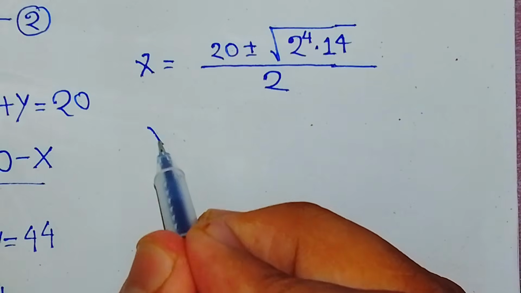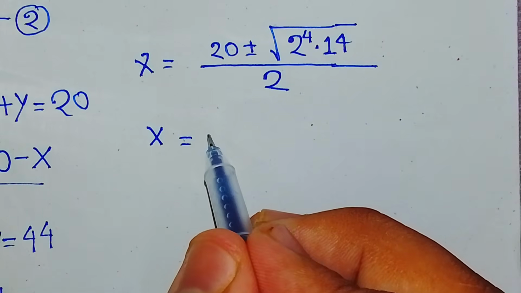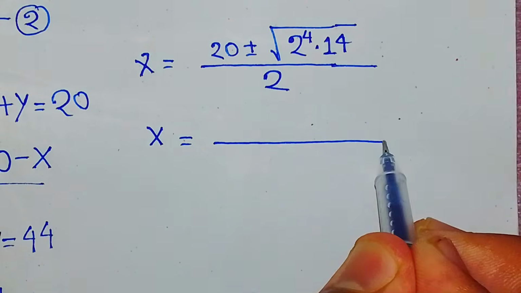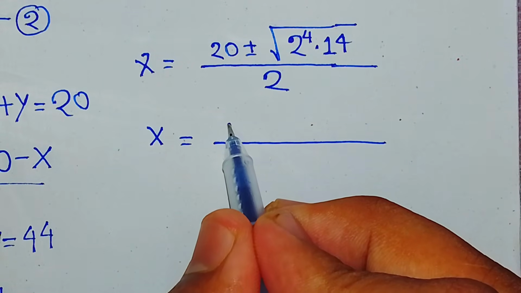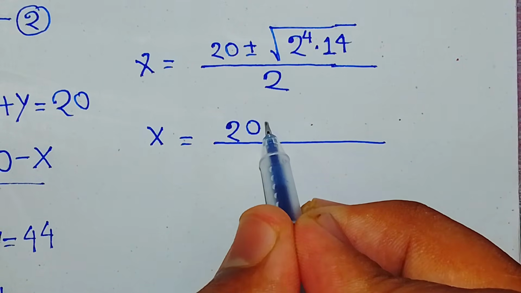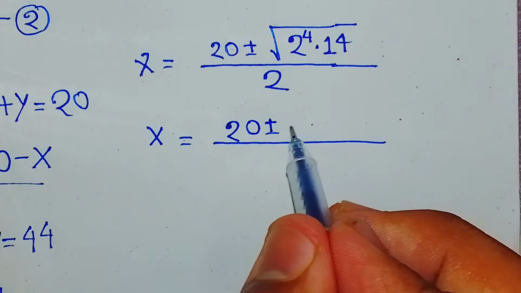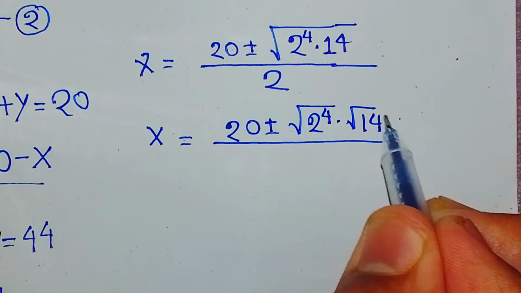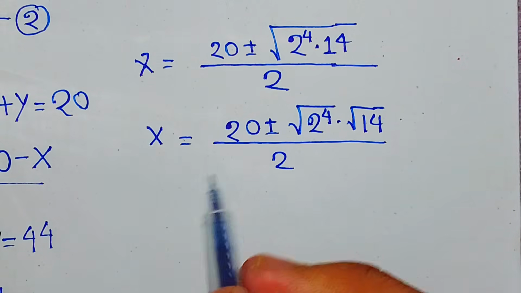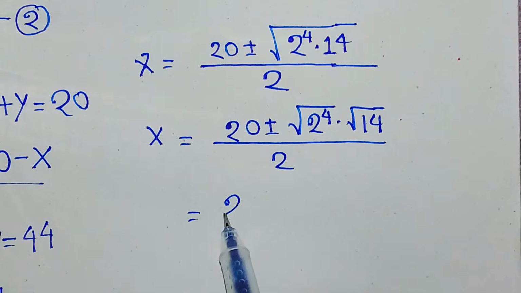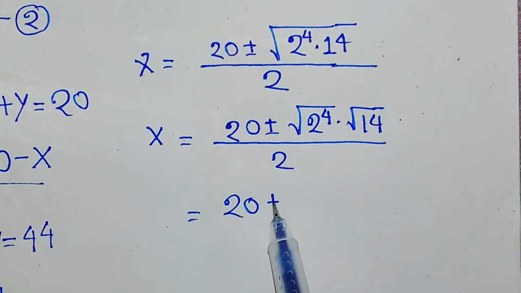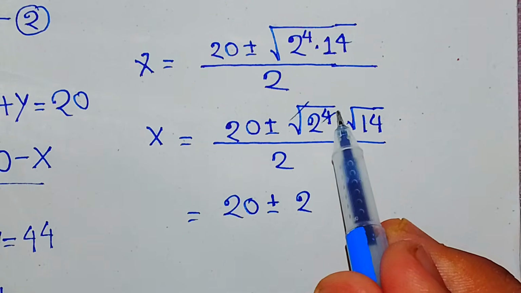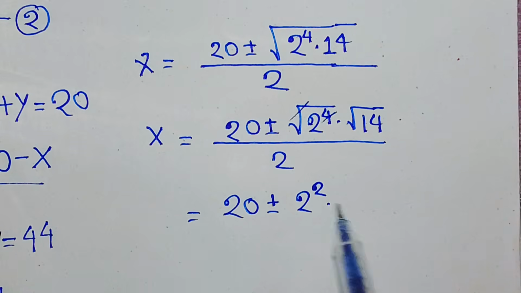So from here we can write x is equal to 20 plus minus 2 to the power 2 times root 14, divided by 2, because the root and this 4 will be cancelled out.